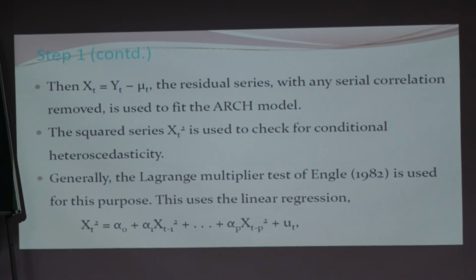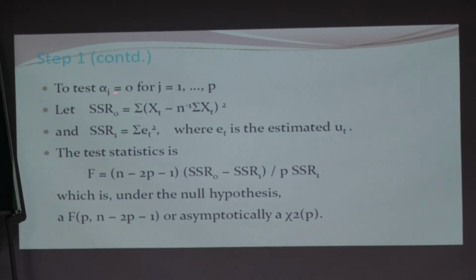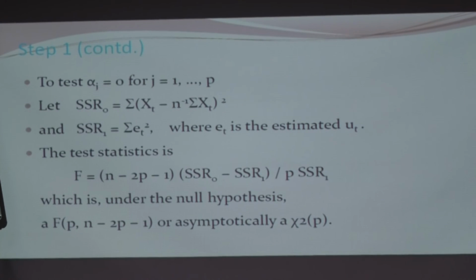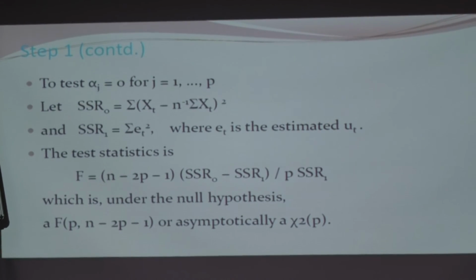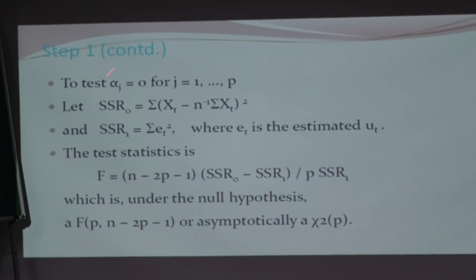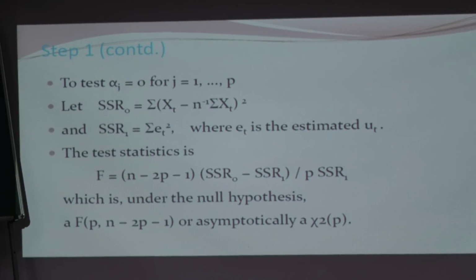So you do a test for this: alpha j's are equal to 0 for j equal to 1 to p, and the usual F test would tell you whether there is heteroscedasticity. If this is accepted, you don't really need to bother. You know that in the previous step you have random errors with 0 mean already, and now you know that the variance is constant. But if some of these alpha j's are non-zero, you have to go for an ARCH model.